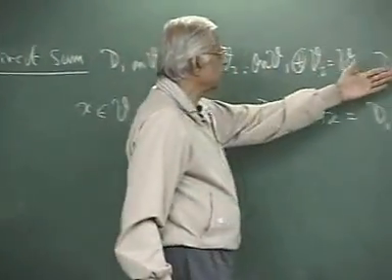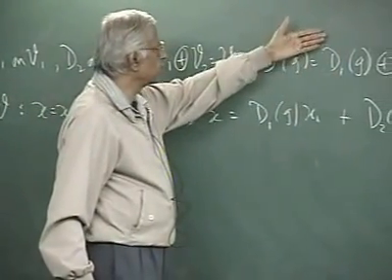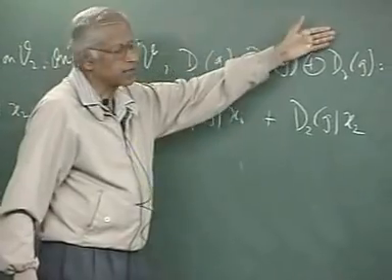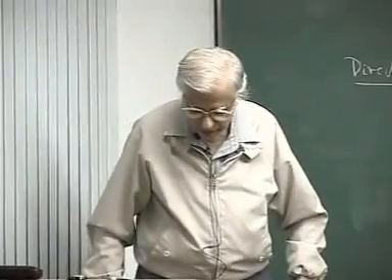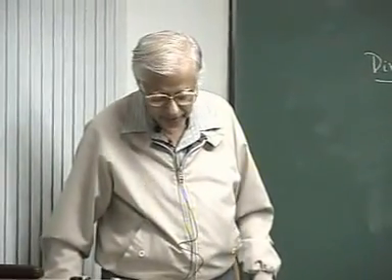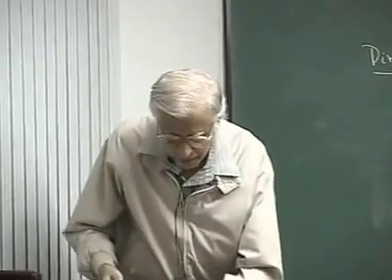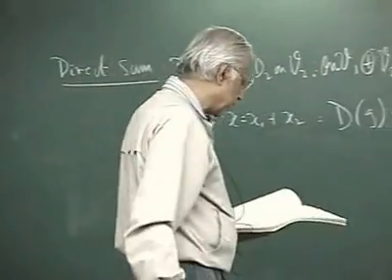The new representation which you have constructed has a dimension equal to dimension d1 plus dimension d2. Okay, so it's quite trivial. So this is one operation which is very important and very basic for group representation theory, because later on we will be doing the inverse operation again and again.